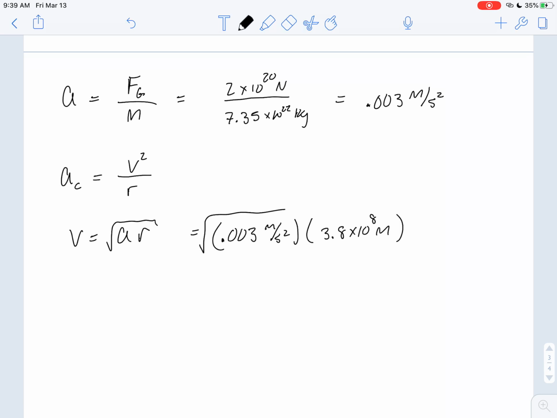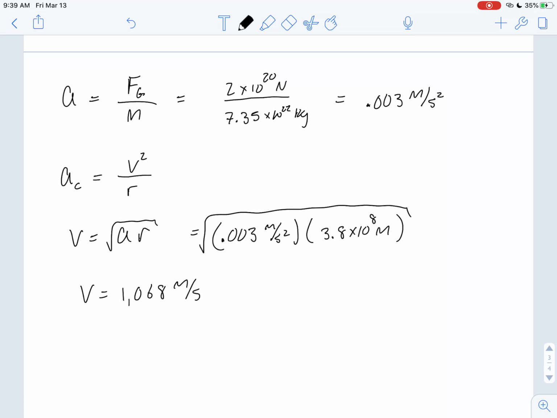Let's see what we get here. And we end up with a velocity of, we'll go with 1,068 meter per second.